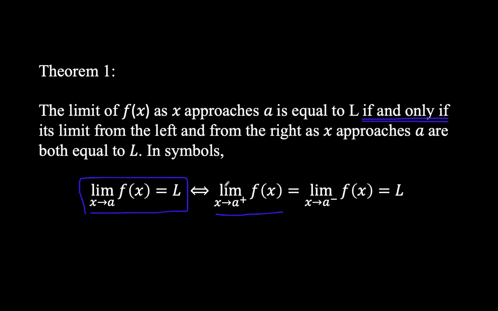Again, if the limit of f of x as x approaches a from the right is equal to the limit of f of x as x approaches a from the left, which is equal to L, then the limit of f of x as x approaches a is equal to L. In short, when the two one-sided limits as x approaches a certain value exist and have equal values, which is L, then the limit of that function is equal to L, and therefore the limit exists.